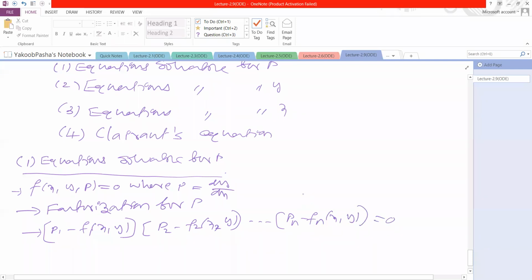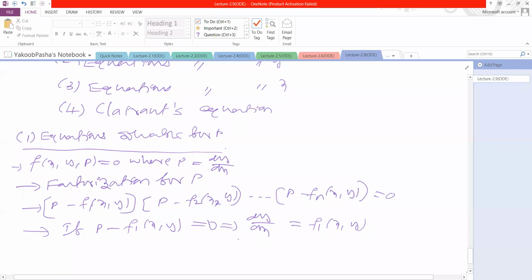I'm sorry, here it is not p1, it is p. It is also p. We can equate each factor to 0. So for example, if I take p minus f1 of x comma y is equal to 0, we can write p, that is dy by dx, equal to f1 of x comma y, separate the variables, and integrating we get a curve phi 1 of x comma y comma some arbitrary constant c1 is equal to 0.